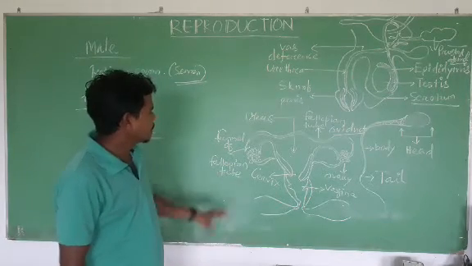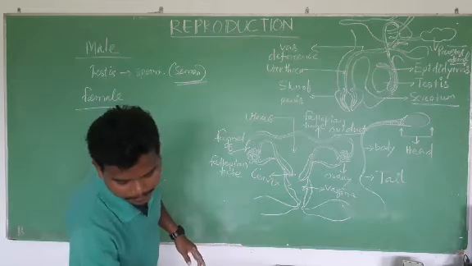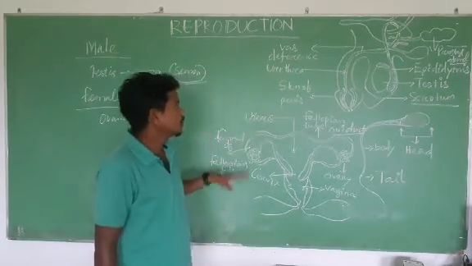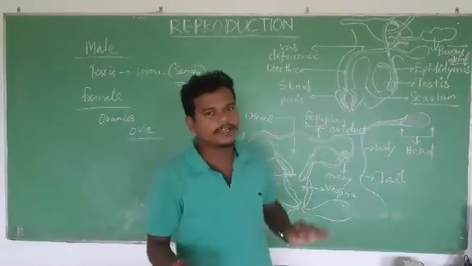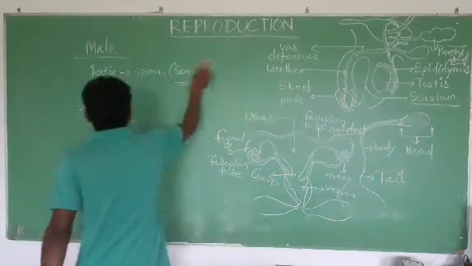Next, fertilization, pregnancy and childbirth. How does fertilization occur? Before fertilization, one thing I told you is intercourse.